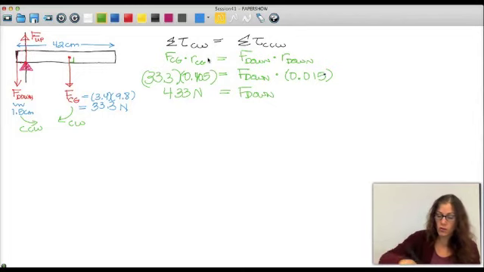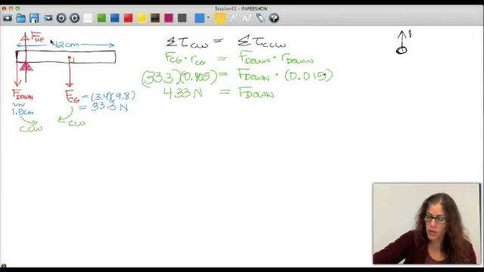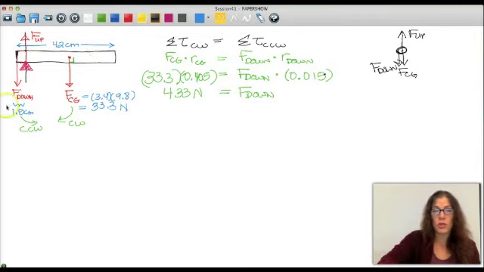So now you have to solve for the upward force. So for this, I'm just going to draw a free body diagram, just at a point. The reason why I do this is to make sure it's clear to me that I'm not dealing with torque. It helps me to visualize things better. You can certainly just use this. You don't have to redraw it, but I highly recommend that you do.